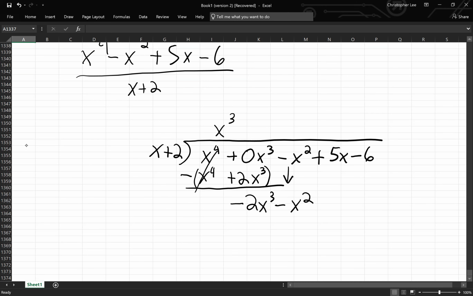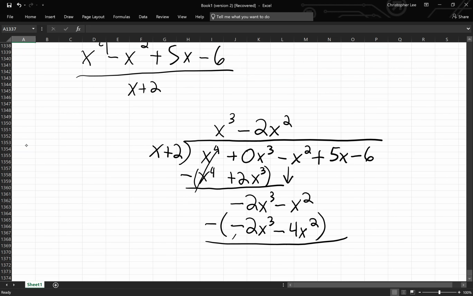Now, x goes into negative 2x cubed, negative 2x squared times. Negative 2x squared times x is going to give me a negative 2x cubed. Negative 2x squared times 2 is going to give me a negative 4x squared. Remember, these are polynomials, so I'm going to subtract these.